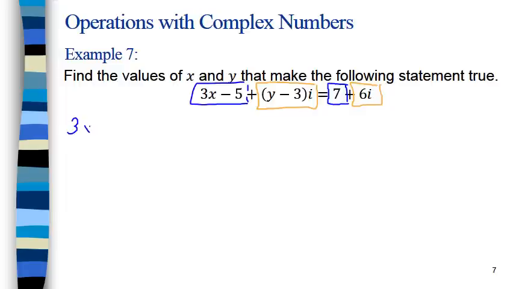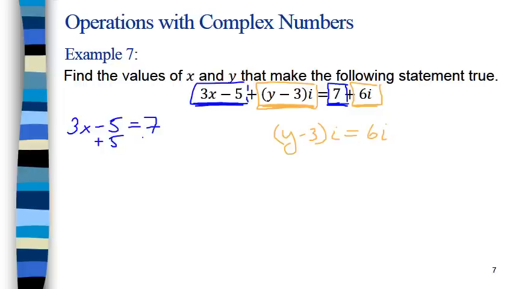The 3x minus 5 is our real part because there's no i involved here, and it must be equal to 7, which is the real part of the right side of the equation. And then the imaginary part, which is the quantity y minus 3 times i, must be equal to the imaginary part on the right, or 6i. And now we have two separate equations, which are pretty simple to solve.